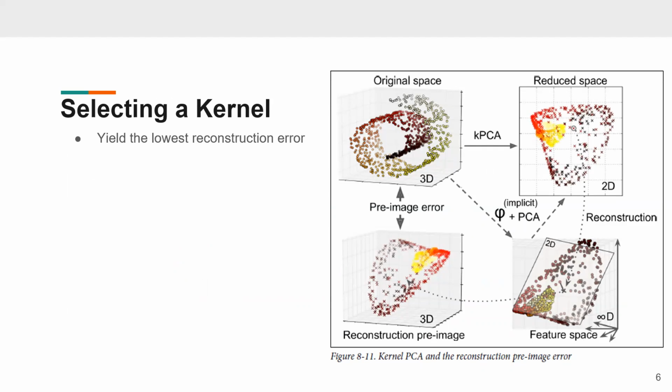And you could also leverage the reconstruction process: whichever kernel is able to yield the lowest reconstruction error would be the kernel that you want to pick. For example, you start from the original space, you run kPCA so that you come to a second, two-dimensional reduced space with all those points.